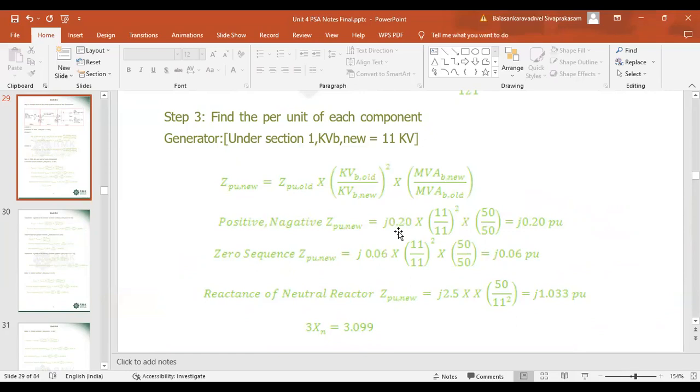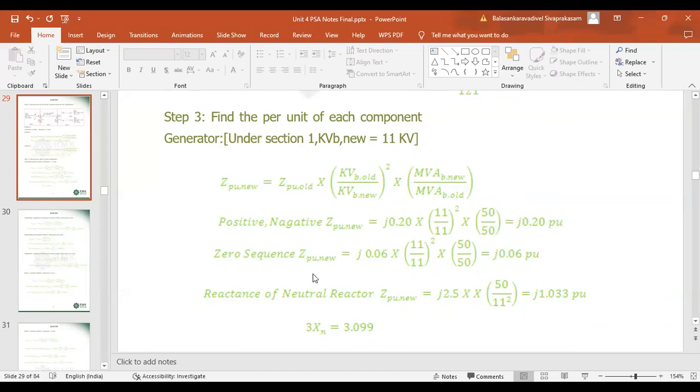So it's j0.2 into kVb old for generator is 11, new is also 11, so (11 divided by 11) the whole square, into MVAB new is 50 and old is also 50 for generator. So its value will not change. It's j0.2 per unit.